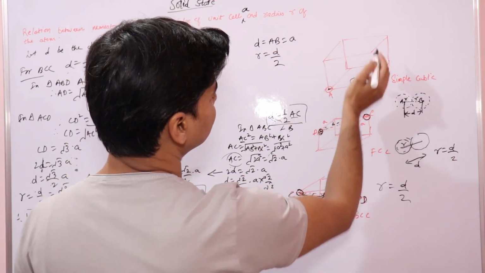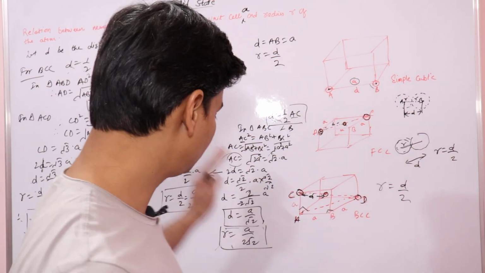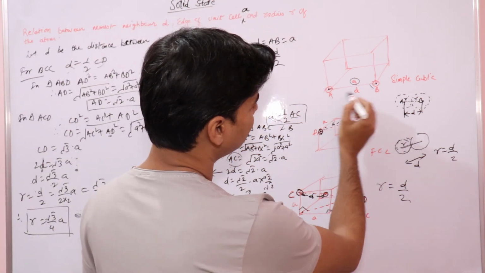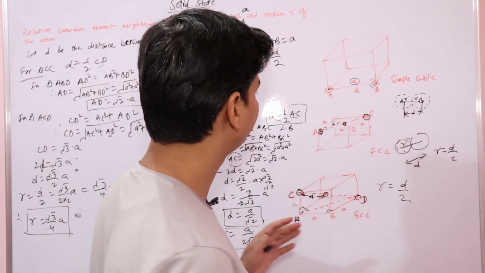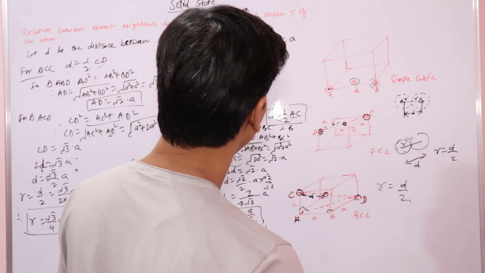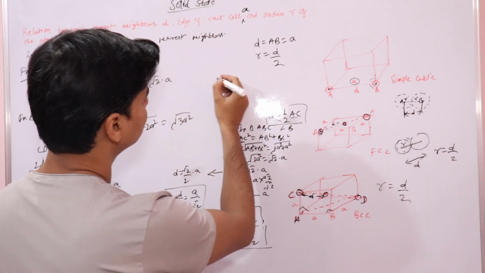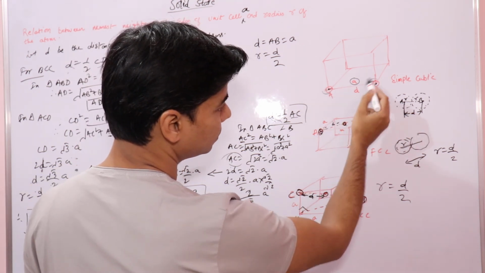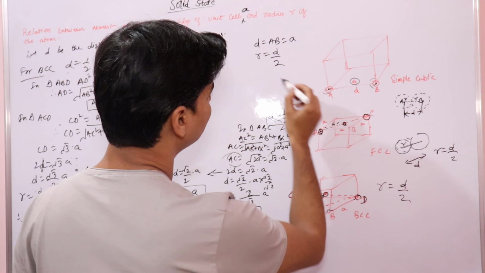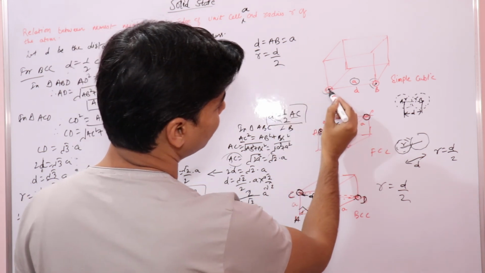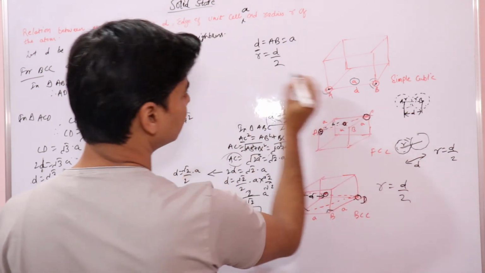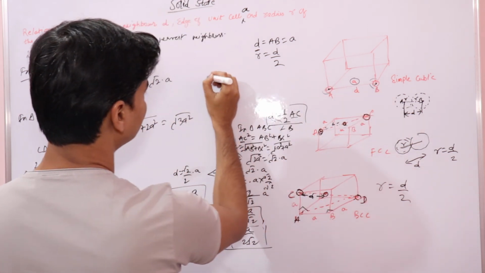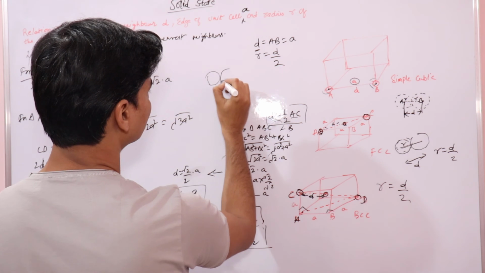I'll repeat, just in order to do these calculations, you have to consider that these particles actually touch one another, right? So we have considered that d is the nearest distance between the particles. If you look at this first diagram, this is a close packed structure, these two are touching one another like this.